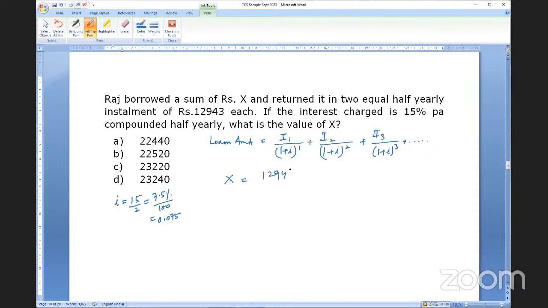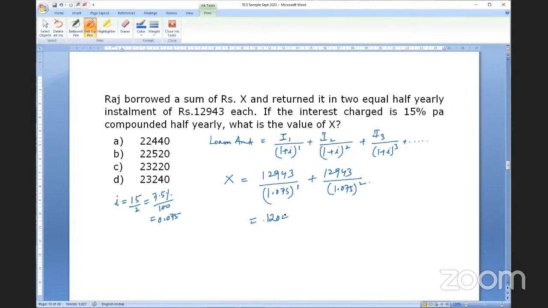It would be 12943 divided by 1.075 to the power 1 plus 12943 divided by 1.075 to the power 2. Let us use the on-screen calculator. 12943 divided by 1.075 gives 12040.